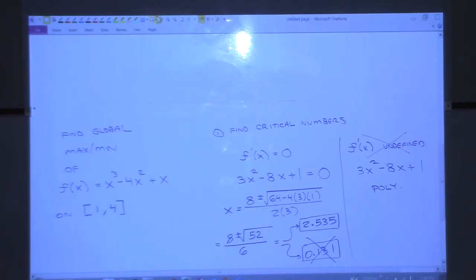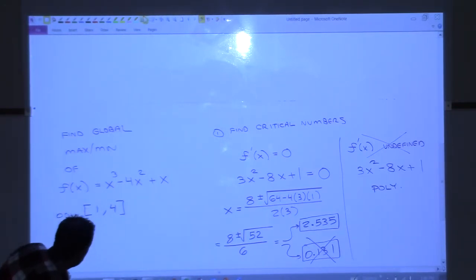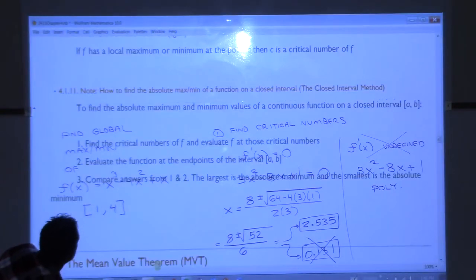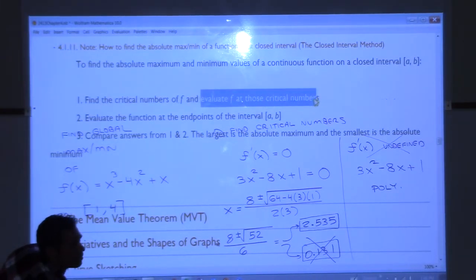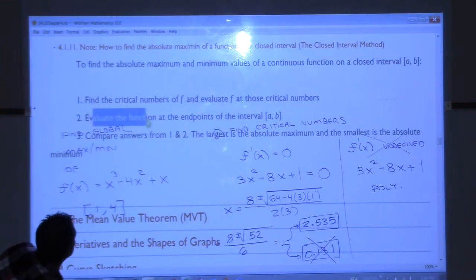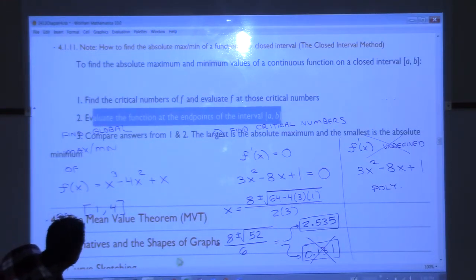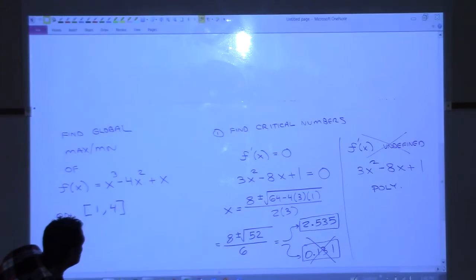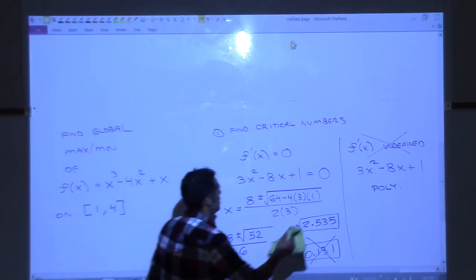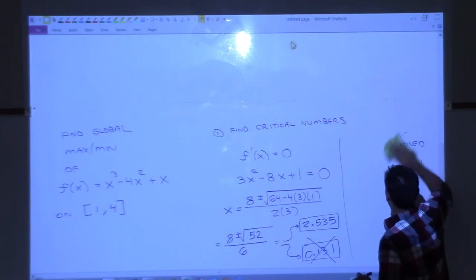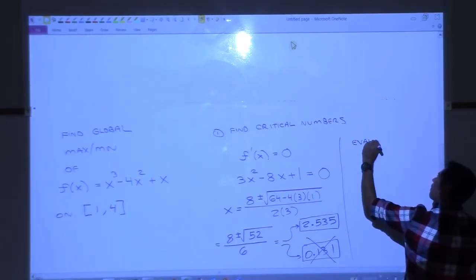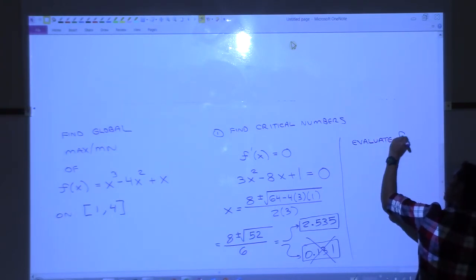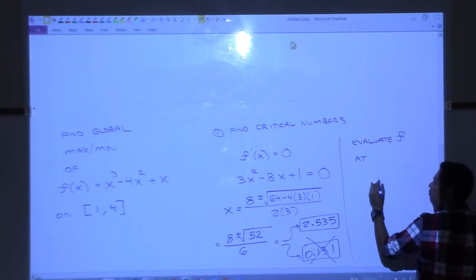All right. So now, let me go to the steps. I find the critical numbers, right? And I evaluate the function at the critical numbers. And then the second step is to evaluate the function at the endpoints of the interval. So I need to continue this step. I need to now evaluate my function. So this is still part of step 1. I want to evaluate my function f at what value?